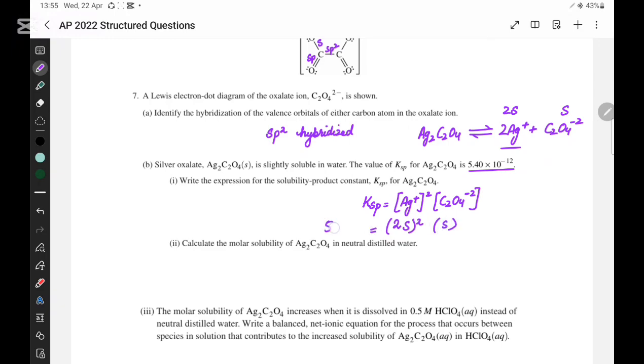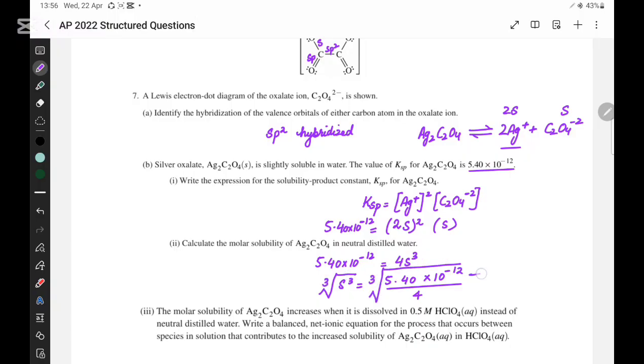Ksp is 5.40 times 10 to the power minus 12, which is equal to 4S squared times S, that becomes 4S cubed. S cubed is equal to 5.40 times 10 to the power minus 12 over 4, taking the cube root on both sides.